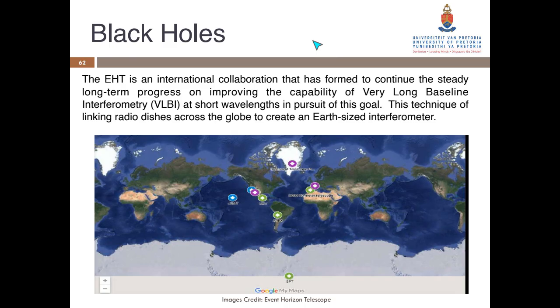So you're all familiar with the Event Horizon Telescope. The Event Horizon Telescope is a network of telescopes.